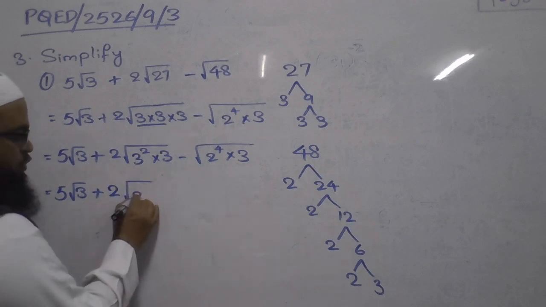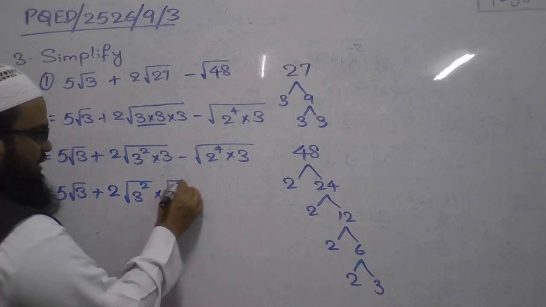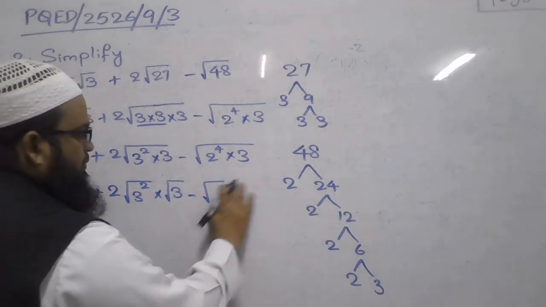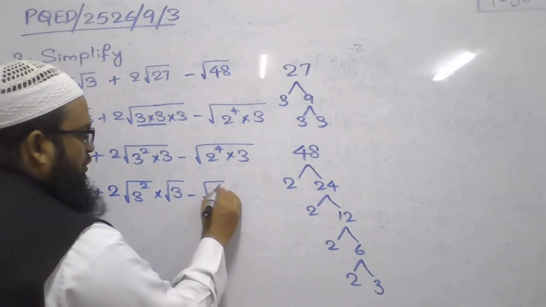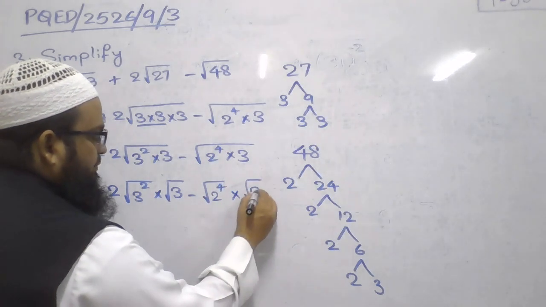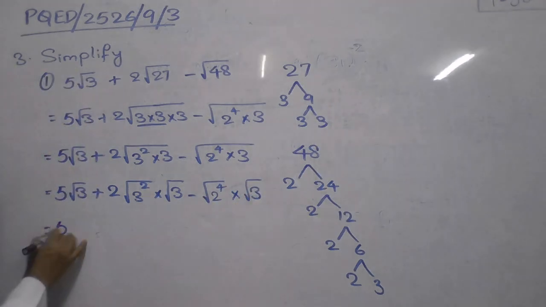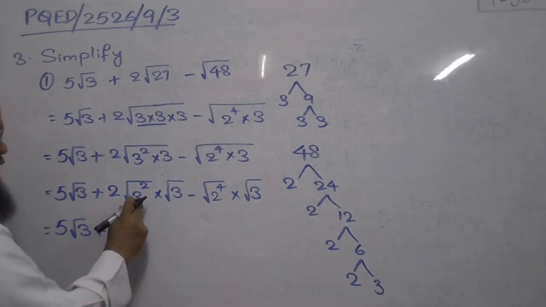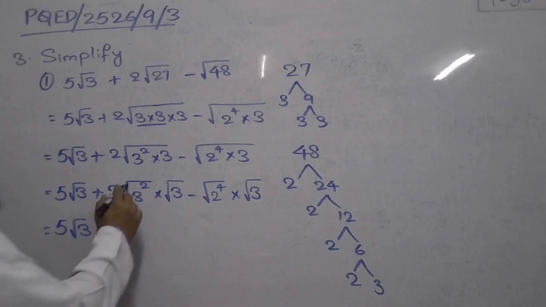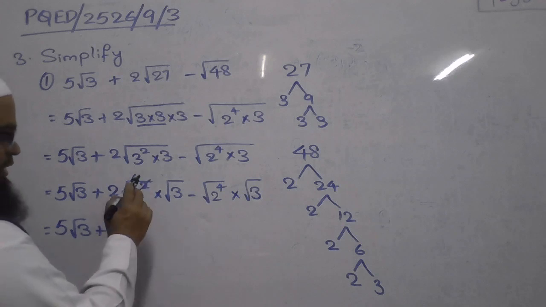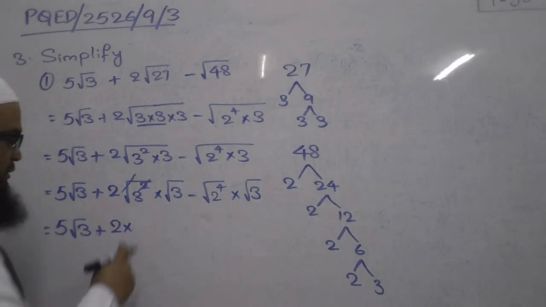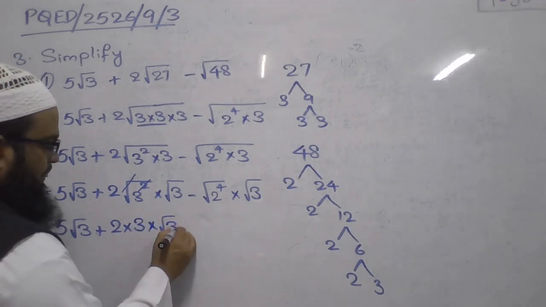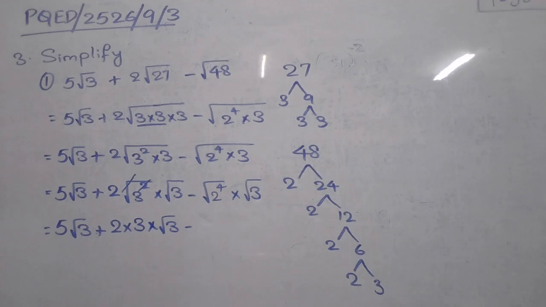So 2 into the square root of 3 square multiplied by root 3 minus, here also I can distribute the square root to both of them, 2 to the power of 4 multiplied by root 3. So now 5 root 3 plus 2 times, what is the square root of 3 square? The square root and square will be cancelled because they are opposite operations. So 3 multiplied by root 3 minus 2 to the power of 4.